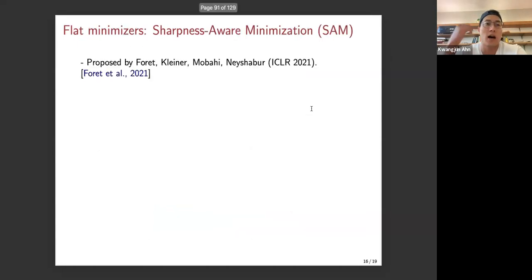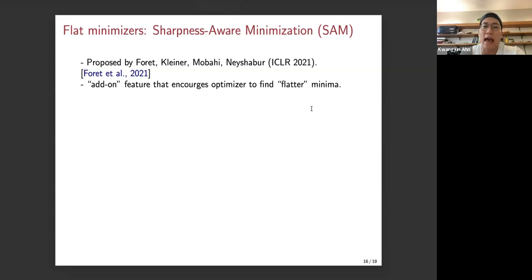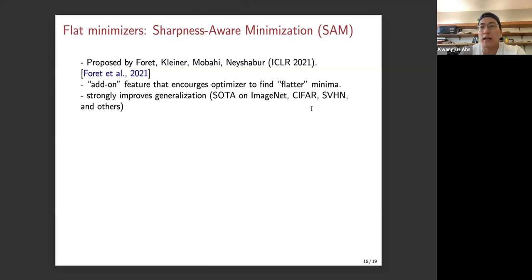SAM is the optimizer developed by Foret et al., published in ICLR 2021. It's kind of like an add-on feature that encourages the base optimizer to find flatter minima. It got a lot of excitement because it achieves state-of-the-art generalization in standard benchmark problems.